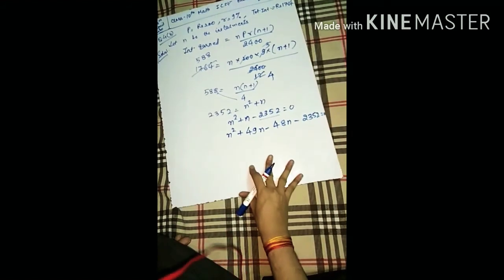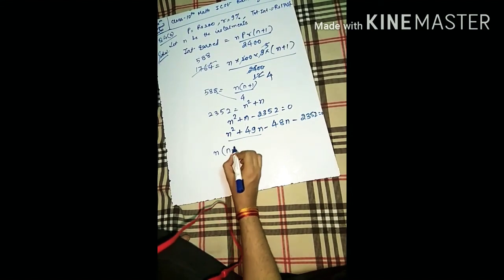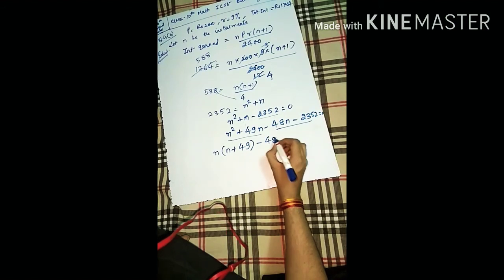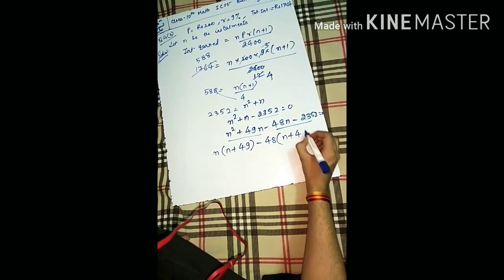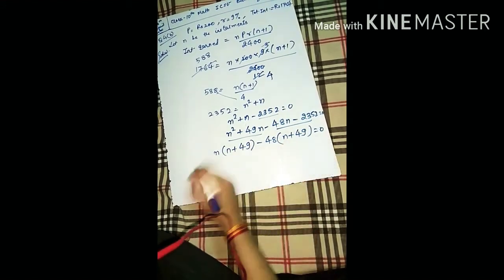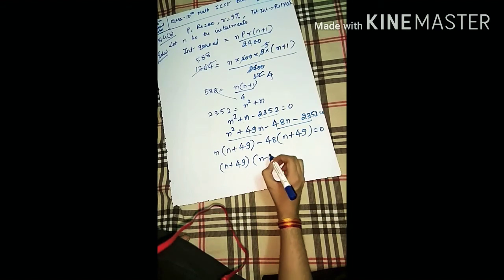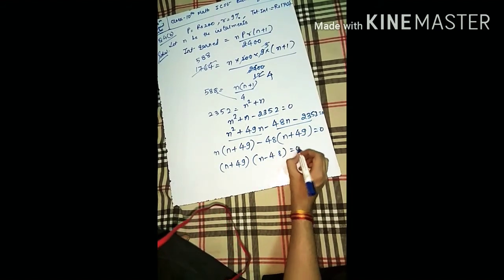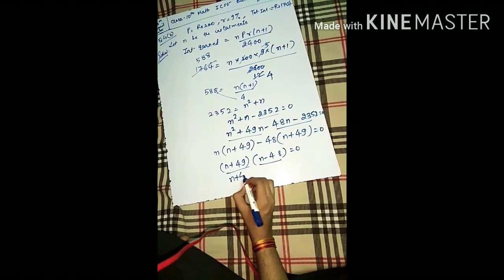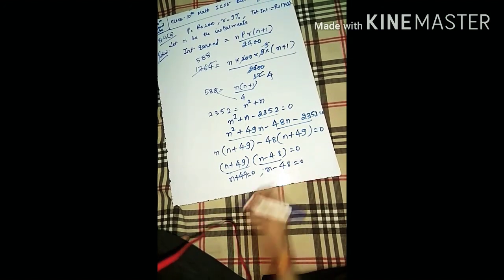Now from here, taking n common, this will be n plus 49, and taking 48 common from here, n plus 49 equal to 0. Now n plus 49 again we can take common, so inside the bracket we get n minus 48 equal to 0. Now put each bracket equal to 0: n plus 49 equal to 0, n minus 48 equal to 0.